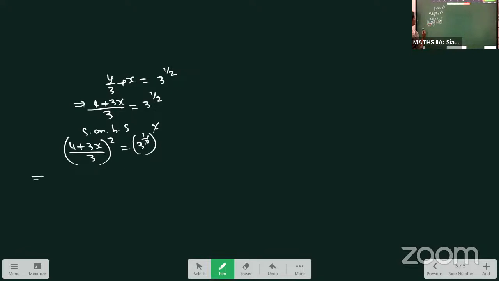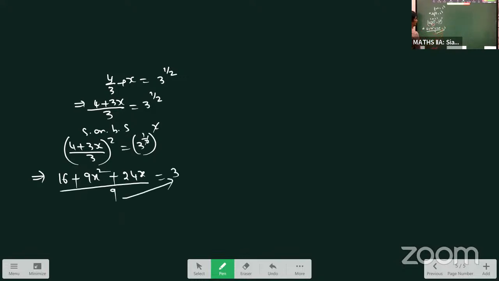Numerator is a plus b whole square. A square, that is 4 square, 16. B square, 3x whole square is 9x square, plus 2ab, 2 into 4 into 3x, 24x, divided by 3 square, which is 9, is equal to 3 left out.